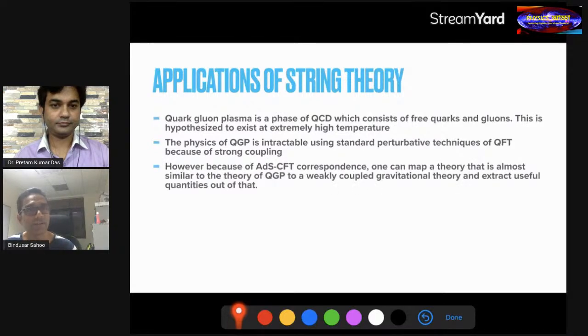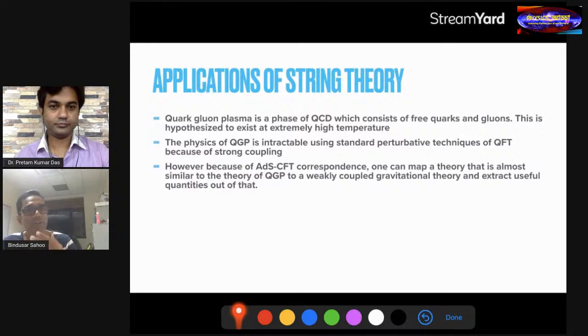However, AdS/CFT correspondence allows you to map a theory that is almost similar to the theory of QGP. It is not exactly QGP, but almost similar. I have not mentioned it, but this correspondence is a strong-weak duality. A strongly coupled field theory is related to a weakly coupled string theory, and vice versa. So if you have a strongly coupled field theory, which is the QGP, you can map it to some weakly coupled gravitational theory.